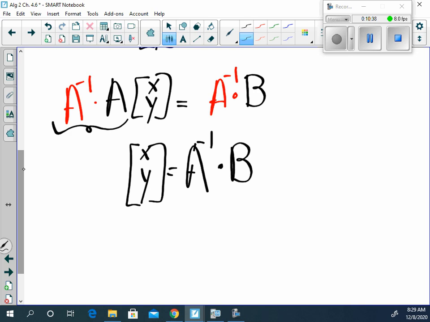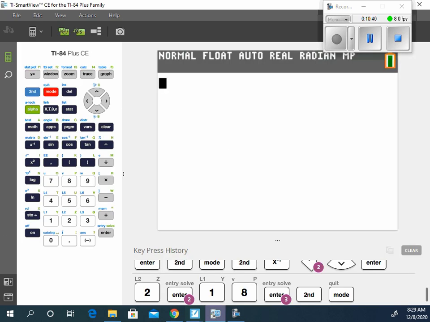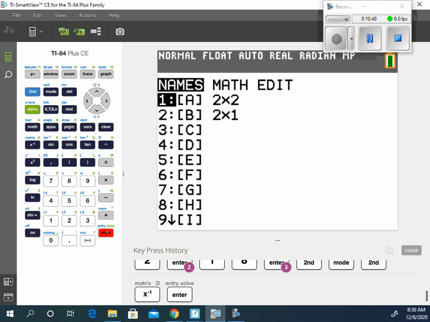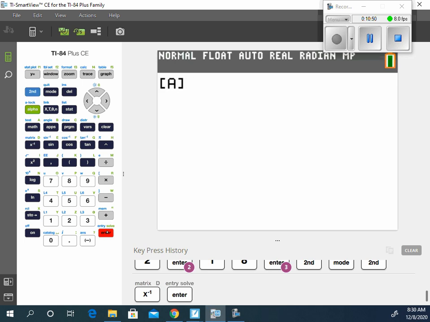So we could do it by hand, or if I get the calculator, we can call up matrix A. Second matrix, enter. So I've called it matrix A, yes? And I talked about the inverse button yesterday. That x to the negative 1, it's right above the x squared.